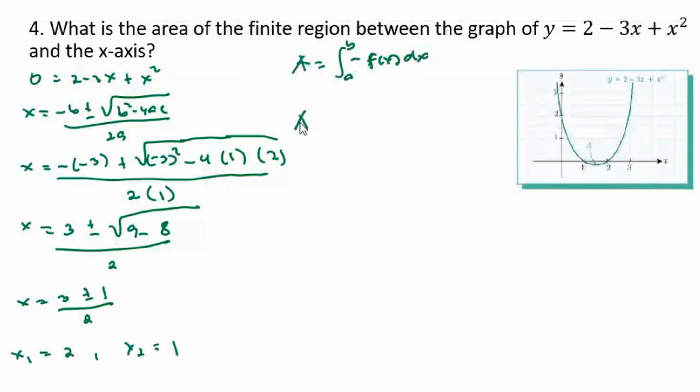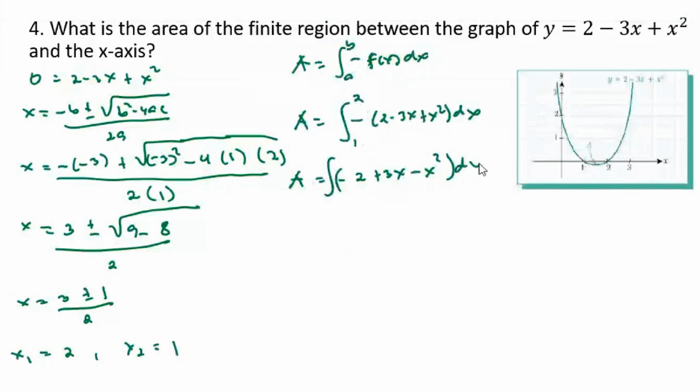So solving for that now, we have the integral of the negative of 2 minus 3x plus x squared dx evaluated from 1 to 2. Simplifying first the integrand, we have the negative of 2 plus 3x minus x squared dx evaluated from 1 to 2.